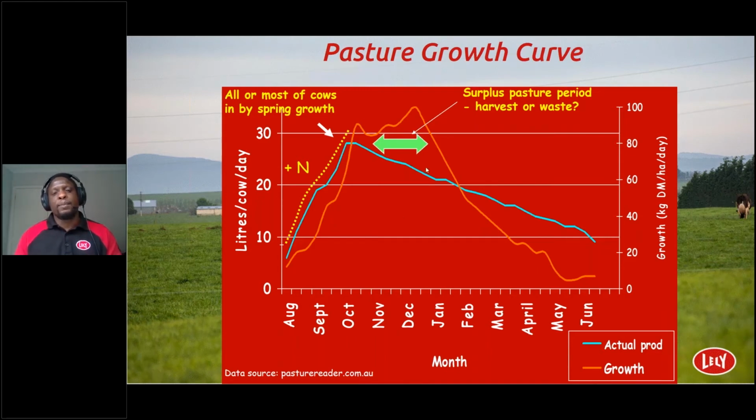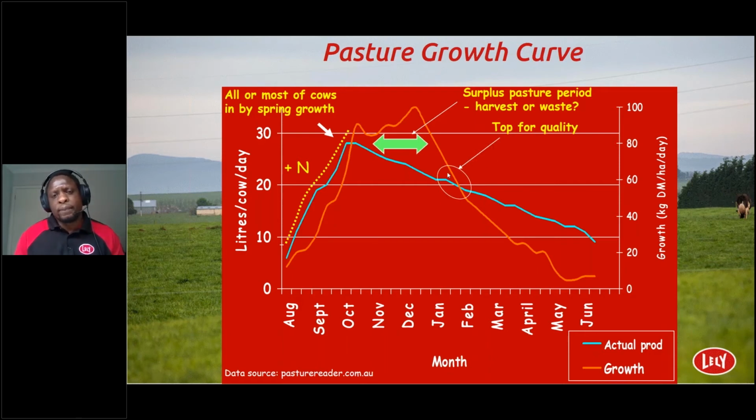But remember, in pasture-based systems, success is closely linked to pasture utilization. Therefore, there's a need to establish a feed wedge ahead of you with the potential to foresee a surplus of pasture and converting this surplus pasture at its highest quality into a conserved forage which you can feed later during the year.